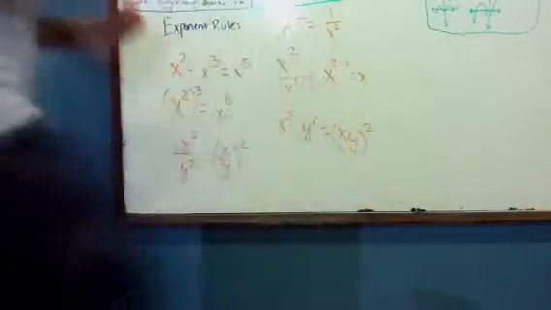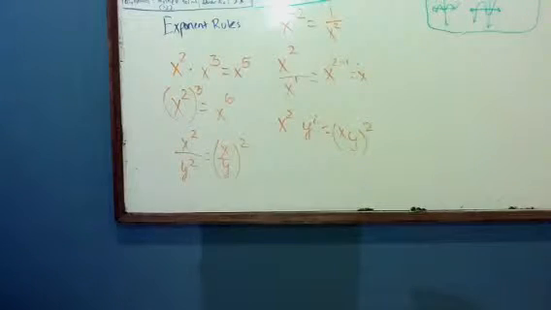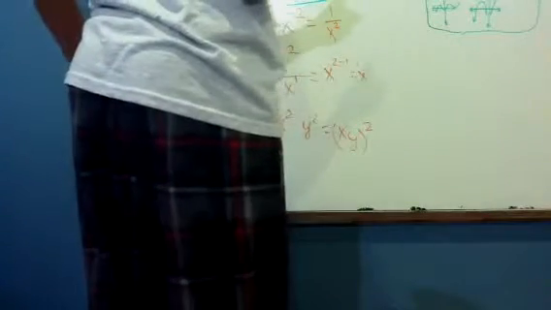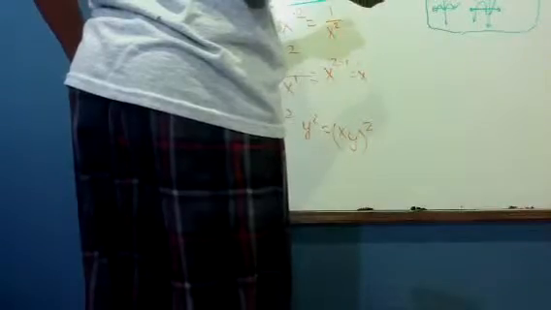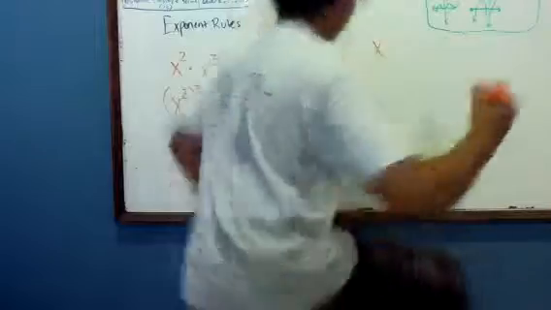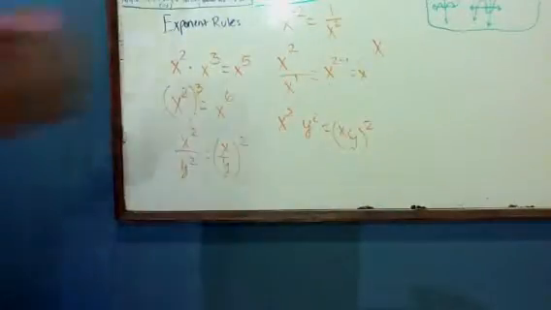You have to remember that. x to the negative 3 equals 1 over x cubed, okay? Can you see that? Yeah, okay.